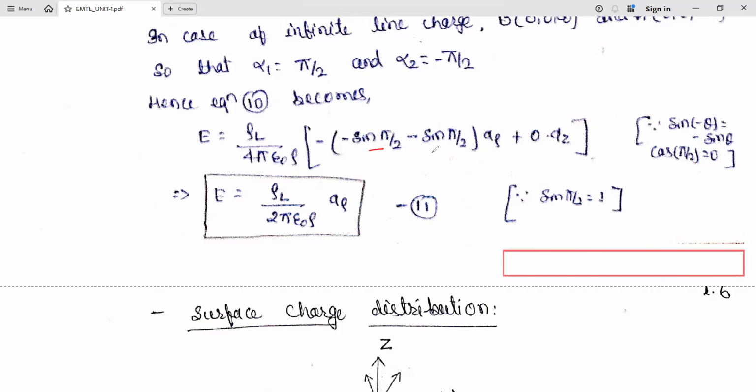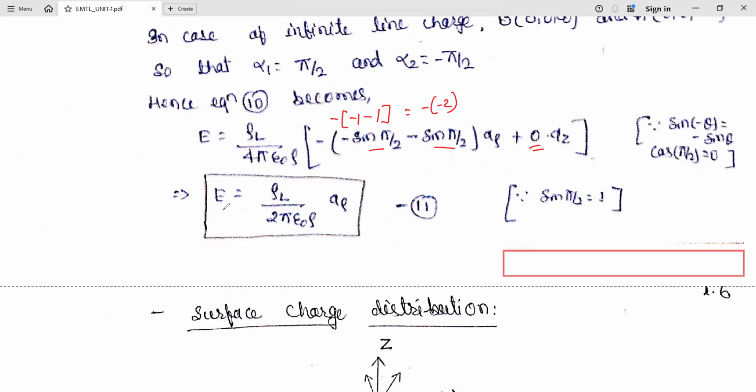Inside the bracket, minus is outside and sine pi by 2 value is 1, so that is minus 1. Again here a minus sign is there, and sine pi by 2 value is 1. So finally this is going to become minus into minus 2, that becomes plus, and cos pi by 2 value is 0. So the second term is 0.